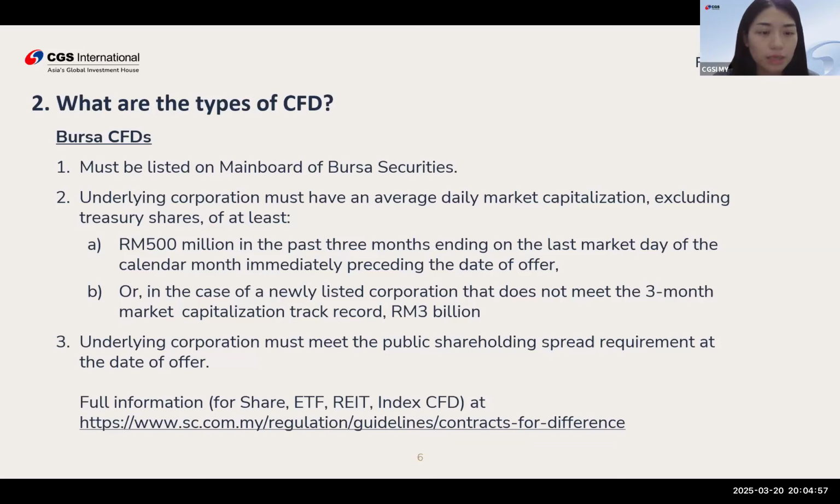Or if it's an IPO, then it needs to be 3 billion market cap on listing. Other than that, the underlying corporation must meet the public shareholding spread requirement on the date of offer. So you can go to the FC website as listed here for more information about the share, ETF, REIT, and index CFD on offer.